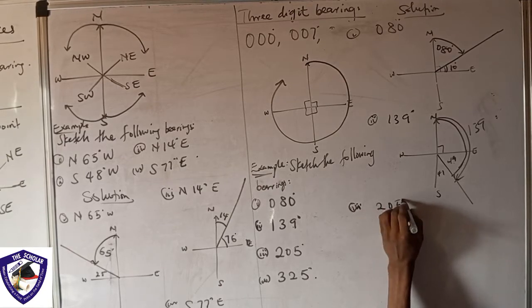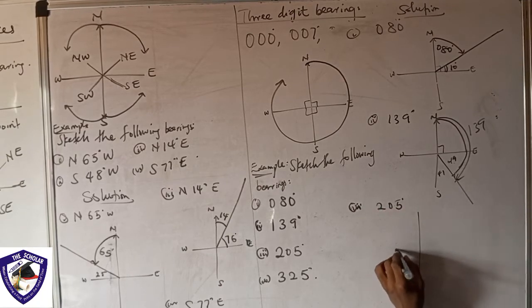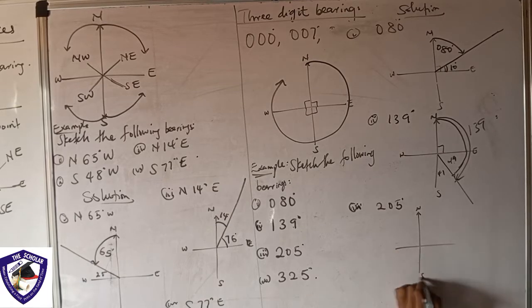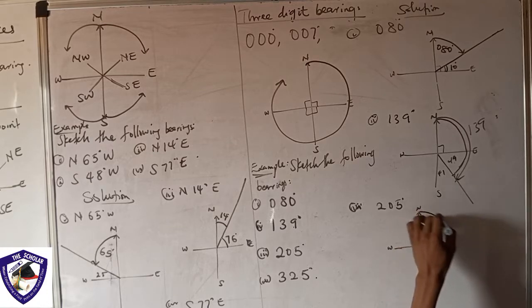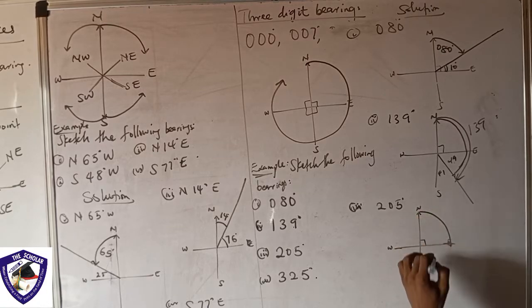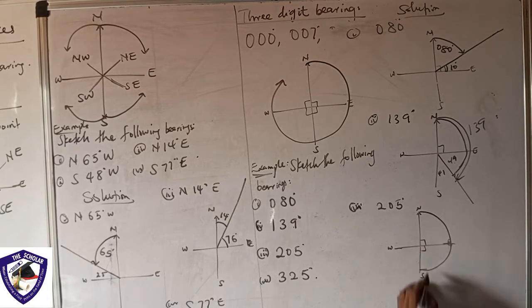The third question, we have what? 205 degrees. You still draw your cardinal points: north, south, west, and east. Then we have to measure 205, starting from the North Pole, the same thing. This is 90, this is 90 again. That's 180. If I complete it, this will be 270, but I need 205.